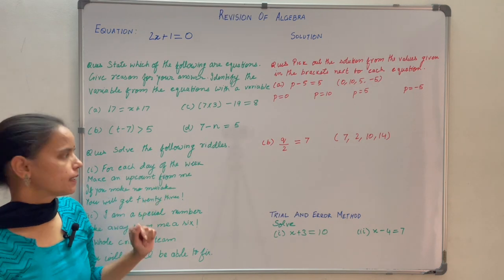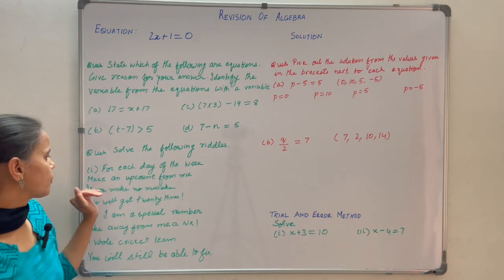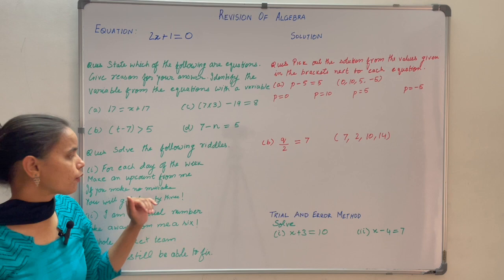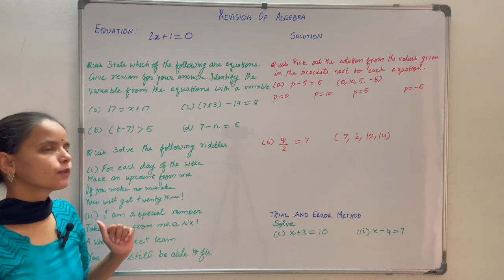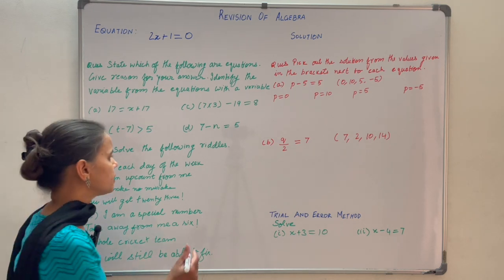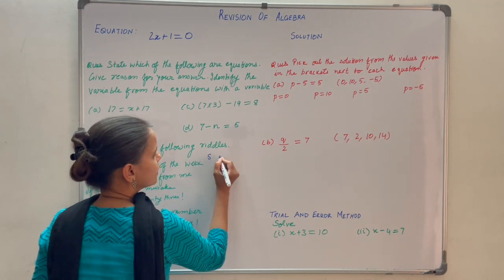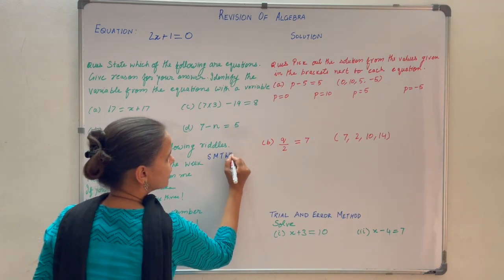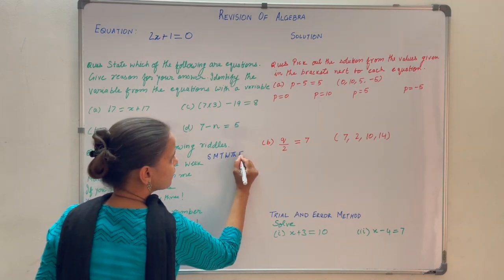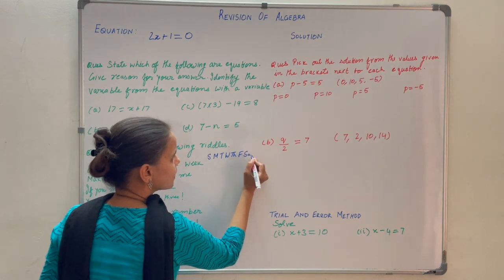Solve the following riddles. For each day of the week, make an up count from me. If you make no mistake, you will get 23. So how many days are there in a week? Sunday, Monday, Tuesday, Wednesday, Thursday, Friday and Saturday.